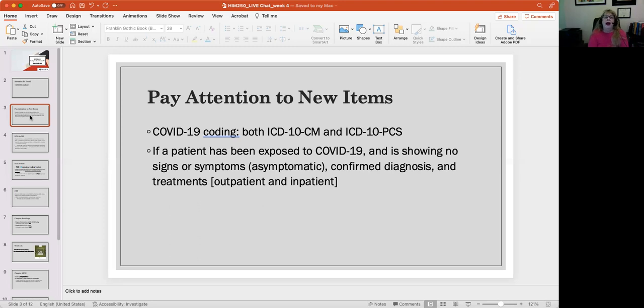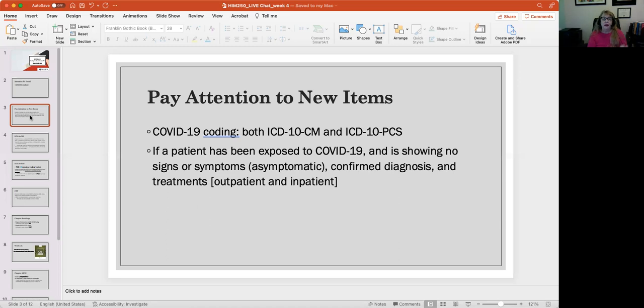So as you are preparing to take the exam in a couple of months, you need to pay attention to new items. That's going to be any codes added for 2022. Now, maybe not specifically each individual code that's been added or deleted.